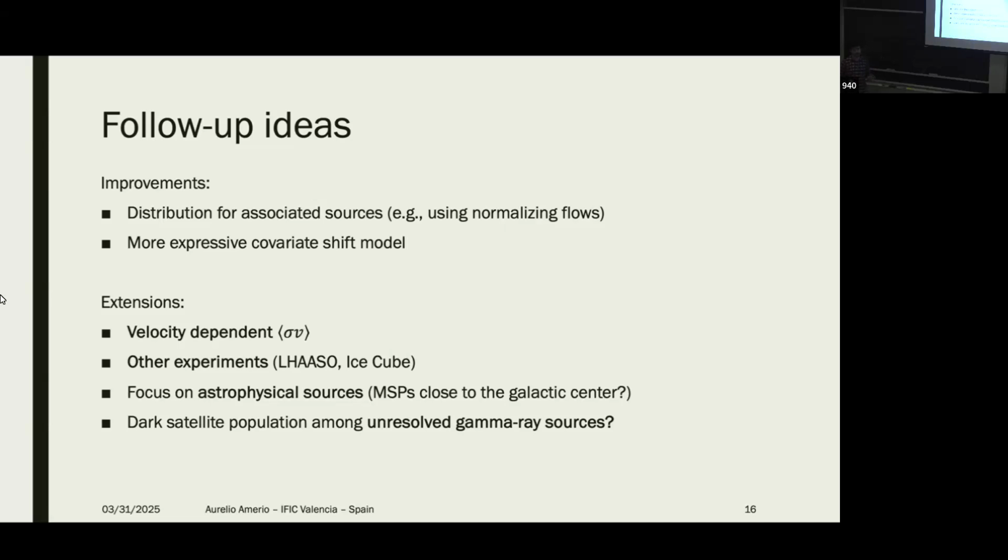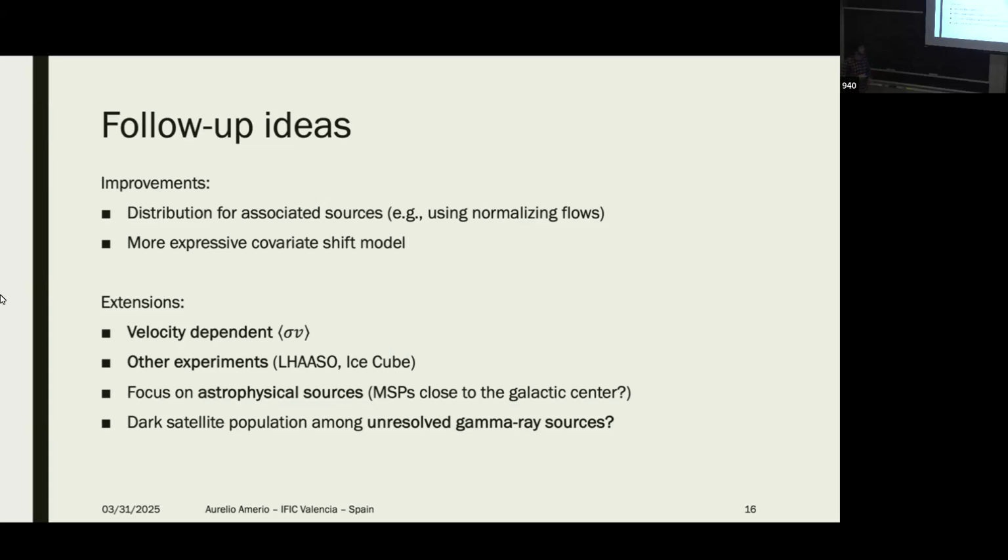As far as extensions are concerned, this technique is extremely flexible. We believe that it can open a new way to analyze unassociated gamma ray sources. First of all, I would like to derive bounds for the velocity-dependent annihilation cross-section. But you could also think of applying this technique to other experiments, in general any kind of experiment which has unassociated sources in potentially any band of energy.